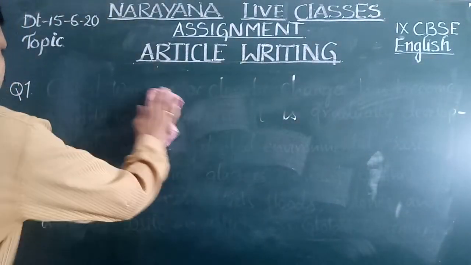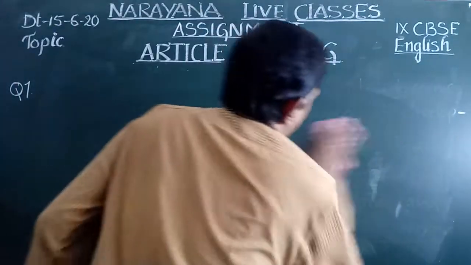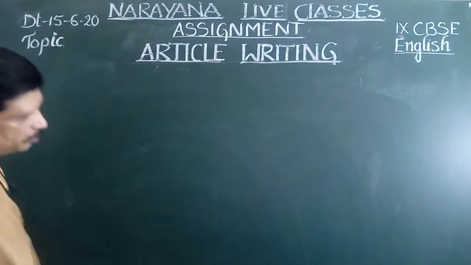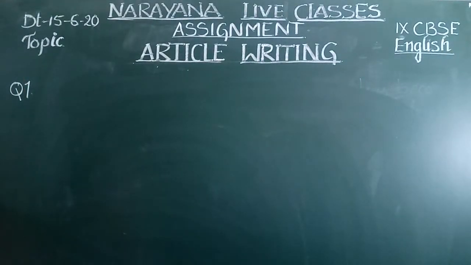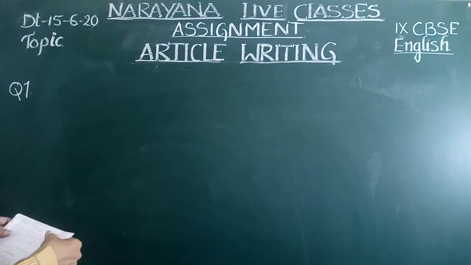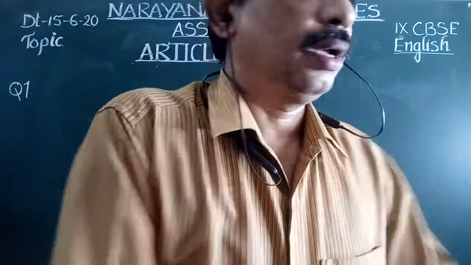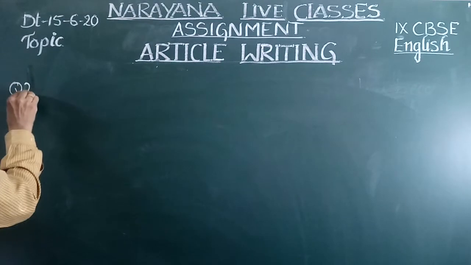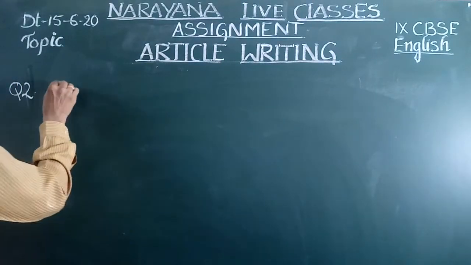The second article, you have to draft. The second one is farmers committing suicide.